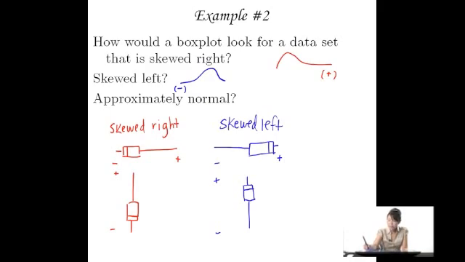What about approximately normal distributions? Well, when you draw it on its side, you know that it has to be roughly symmetrical because it's approximately normal. So that part is easy.